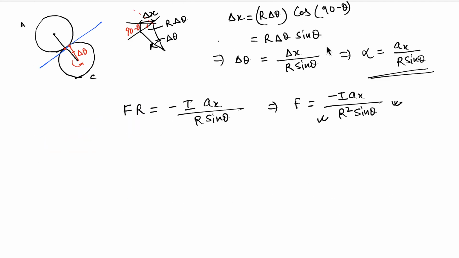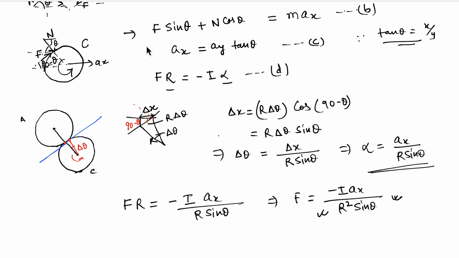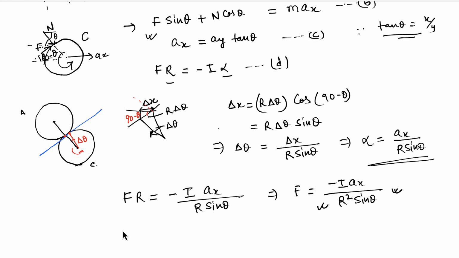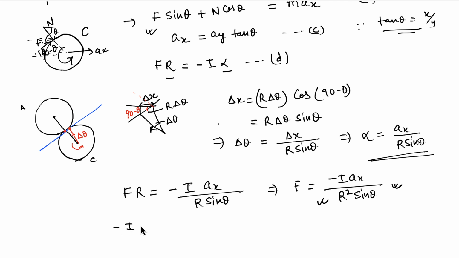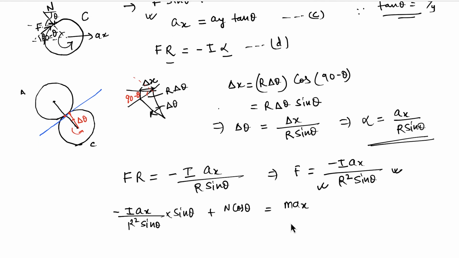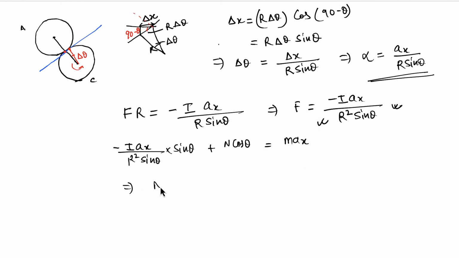Okay, so now we can put this f in this equation B, and we figure out the n. So minus I ax by r square sine theta into sine theta plus n cos theta equal to max, and n cos theta is m plus I by r square ax.